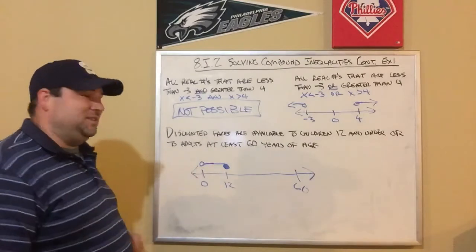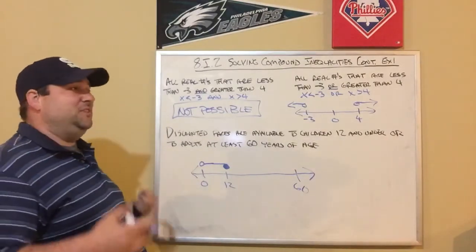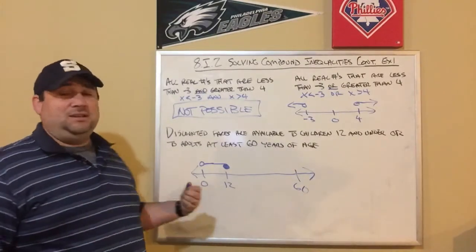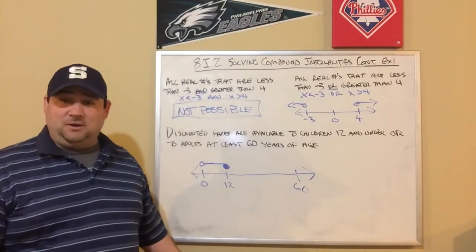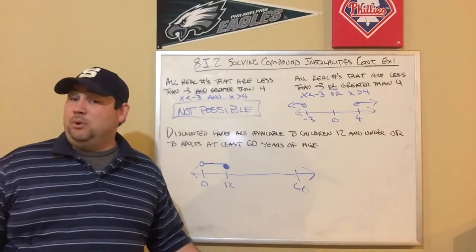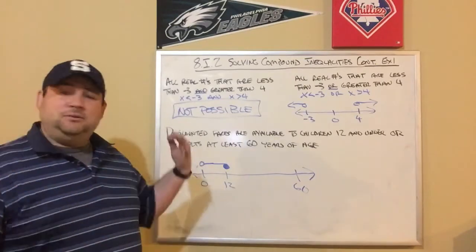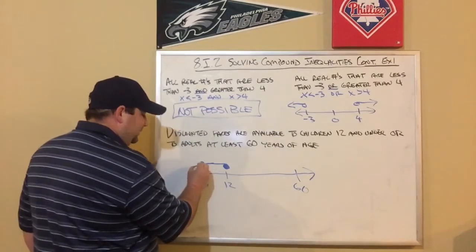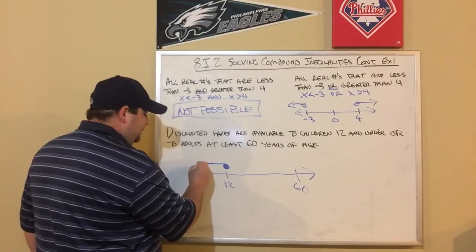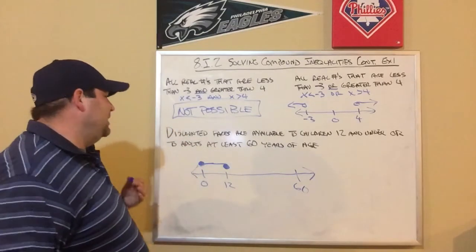But do we fill in the circle or not? If we filled in the circle, that would mean the moment the child is 0, I guess the moment they're being born, they would get a discounted fare. You could argue, sure. So we'll fill it in, but it's kind of pointless. It doesn't matter.